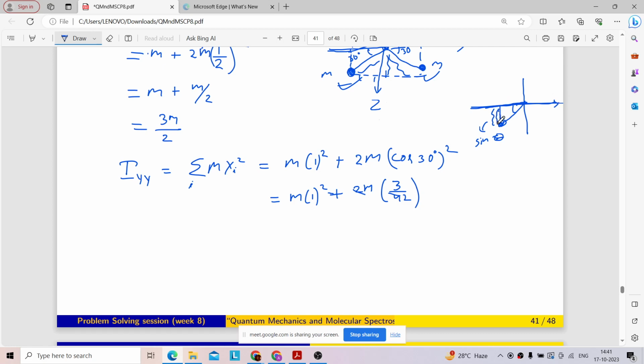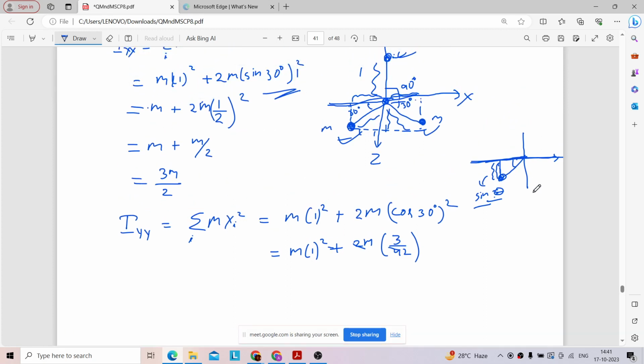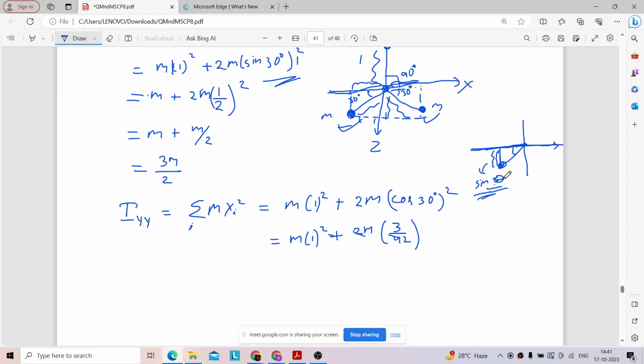So this is the distance for the first case, and this is sine theta. Sorry for the mistake, so the first one is correct. Now for the second case, this is the y-axis.